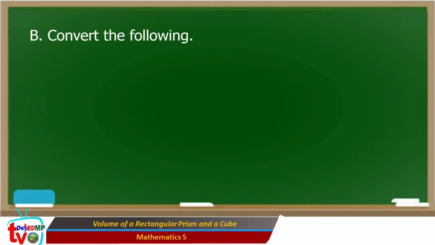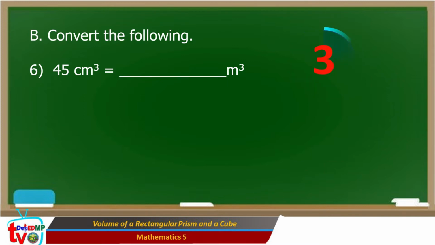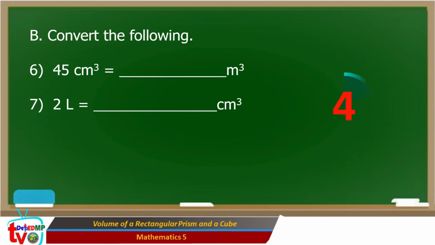Letter B. Convert the following. 6. 45 cubic centimeters equals blank cubic meter. 7. 2 liters equals blank cubic centimeters. 8. 3 cubic meters equals blank cubic centimeters.